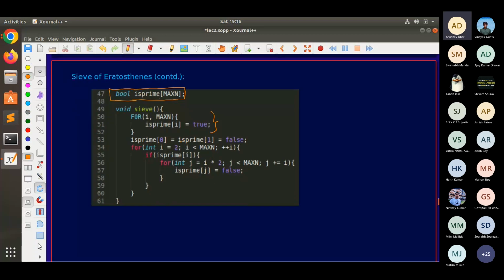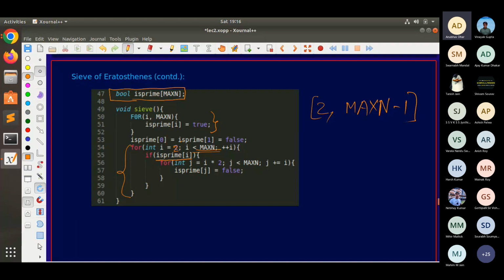Then I've done the crossing out algorithm. So I start with 2 and I go to the upper limit. So my range is, let's say, 2 to max minus 1. Then I check if this is marked as a prime. I'll come back to why this is sufficient.